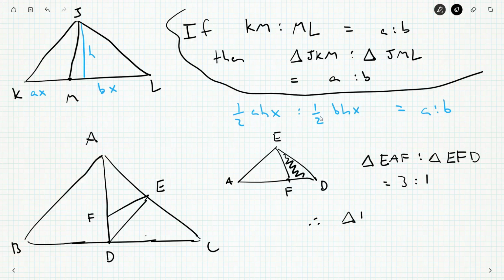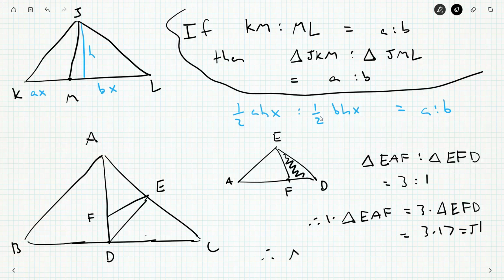Therefore, 1 times EAF is 3 times EFD, but that's 3 times 17, and that'll be 51. And so that tells me that the whole thing, triangle AED, is 51 plus 17, or 68.